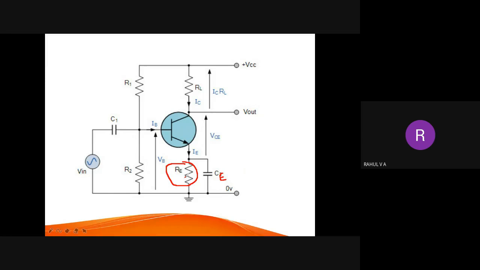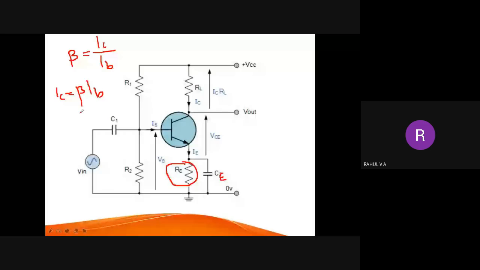So again I will explain you. Whatever input, we already know beta value. Beta of a transistor is nothing but IC by IB. So in common emitter configuration, beta is equal to IC by IB. IC is equal to beta into IB. So this beta will be in the order of 100.